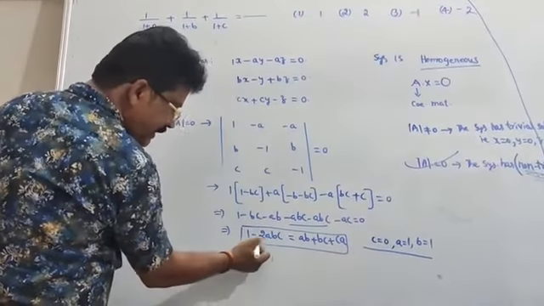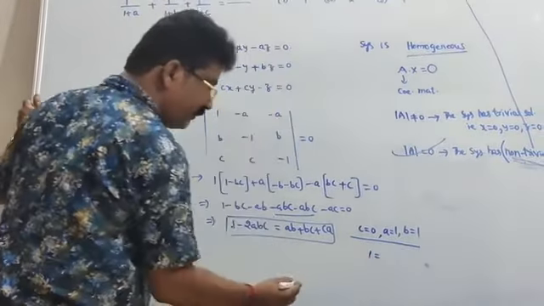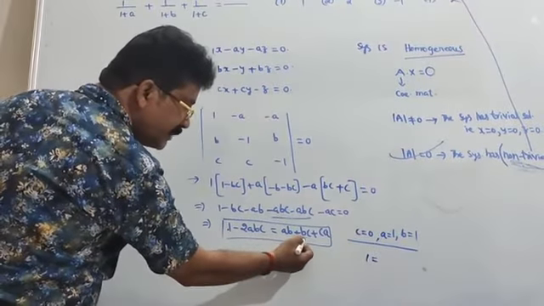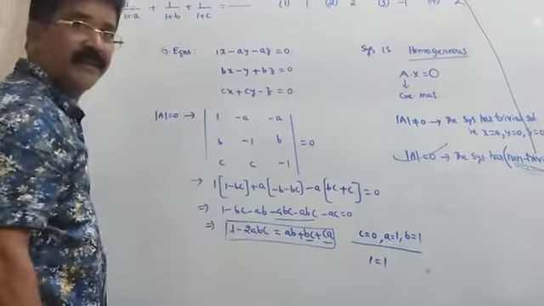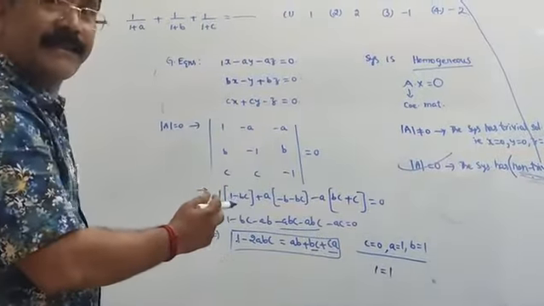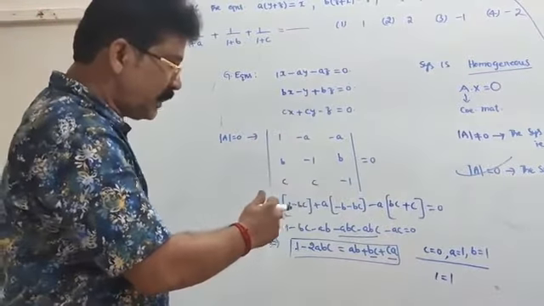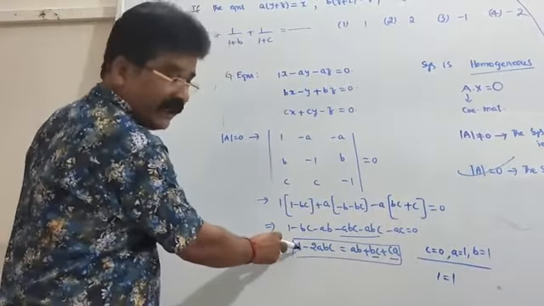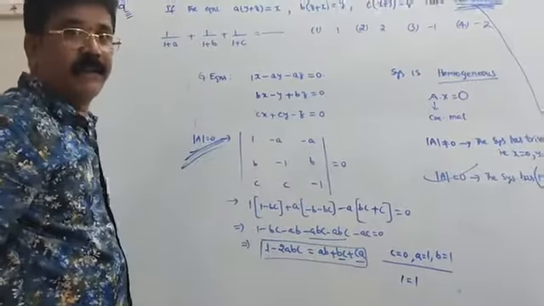When c is 0, the product term is 0, and ab is 1. Verified. That's why I selected c = 0, a = 1, b = 1, so that this equation is satisfied. From the basic point, det A equals 0.